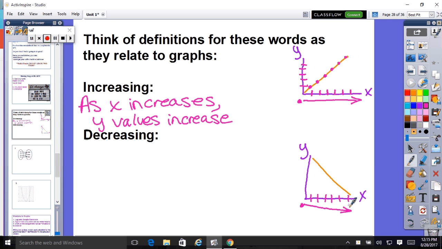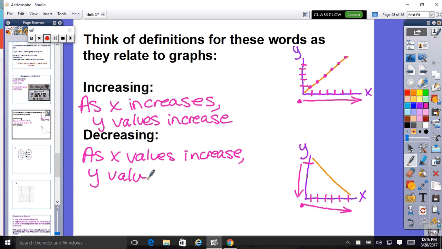That's increasing. So as the x values increase, what are we going to say about the y values? They're decreasing, right? We're going from, say, 7 to 0, or 10 to 0, or whatever it is, but we're going down in the scale, okay? So as the x values increase, the y values decrease.